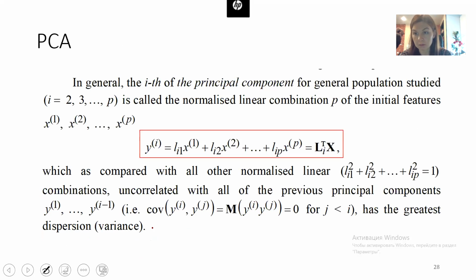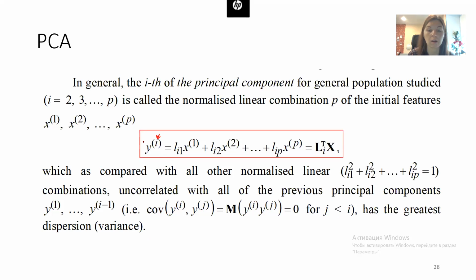The first principal component corresponds to the highest variance, but the ith principal component is also calculated in the same way. We have coefficients, but here we have some limitation: all linear components should be independent.